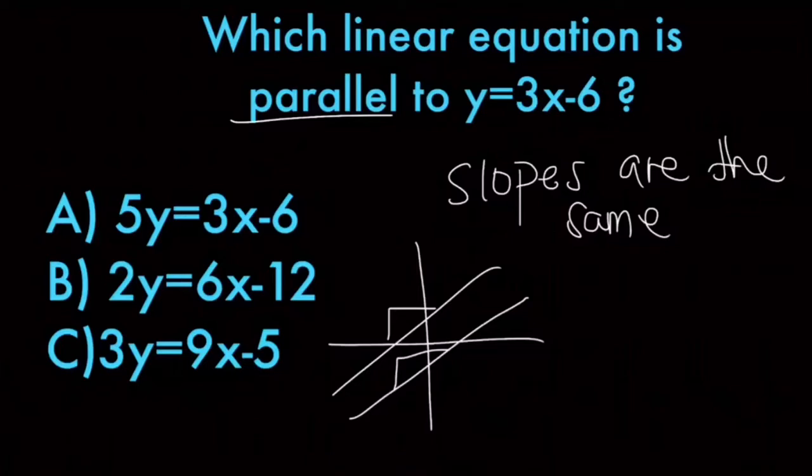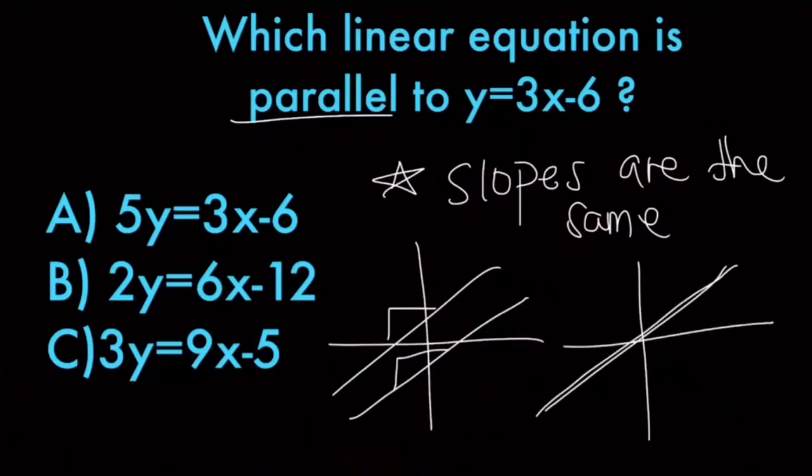So having the slopes being the same is super important to be parallel. However, a really important distinction is that we can have the slopes being the same, but they would be the same line as well. The distinction here is that this and this have different y-intercepts. However, these two have the same y-intercept. So this is parallel because the slopes are the same and the y-intercepts are different.